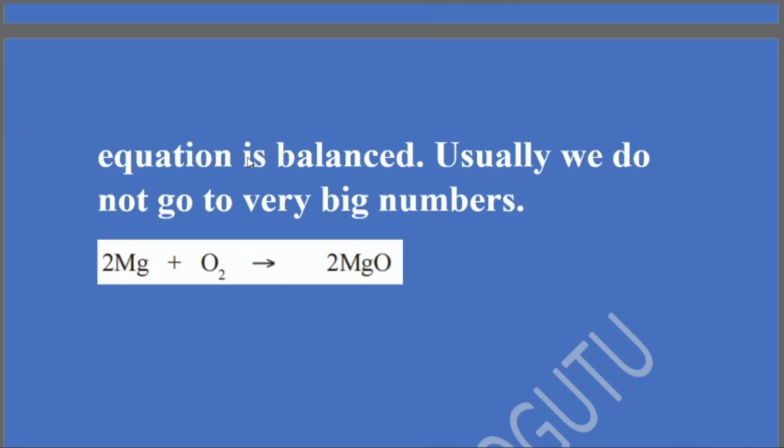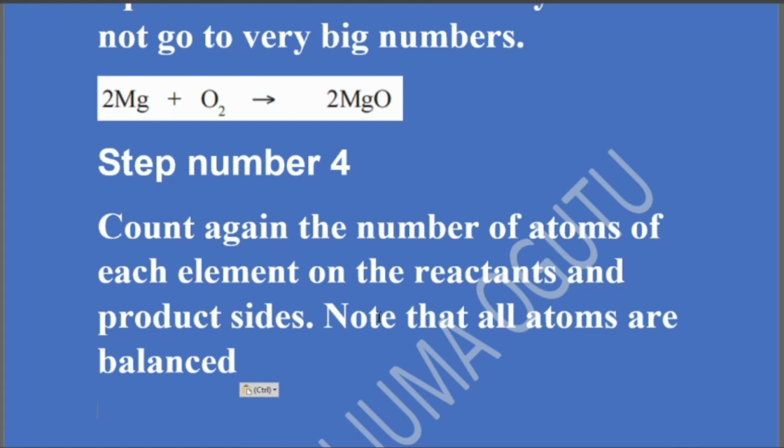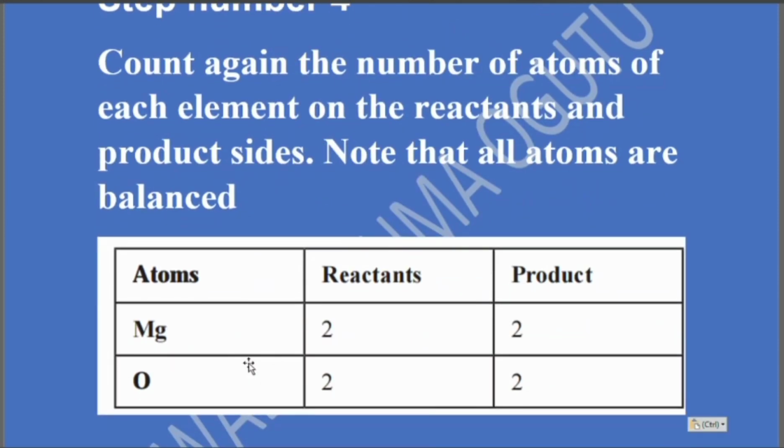So before we count again the number of atoms of each element on the reactants and product side, we note that all atoms are now balanced. We go ahead to count to confirm, so that we see to it that what we are doing is correct.